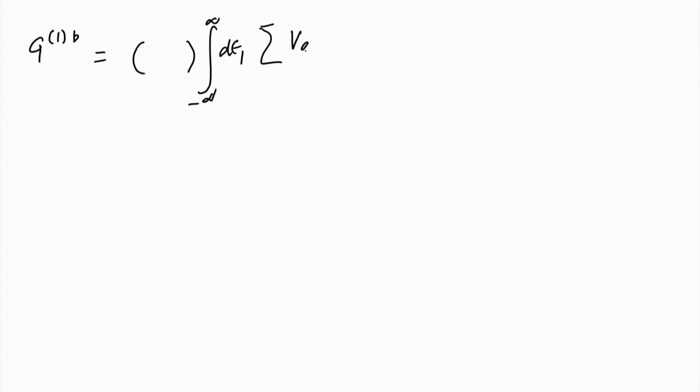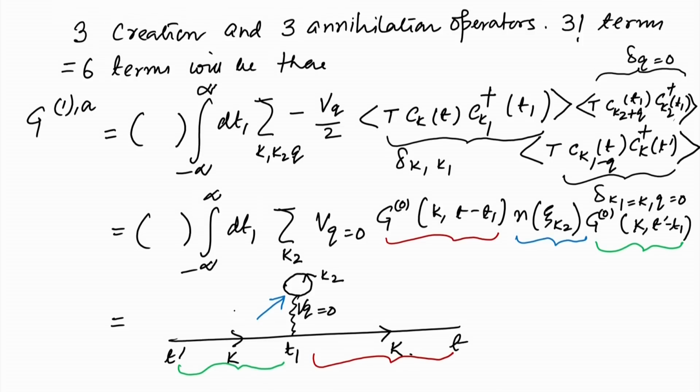Then of course, there is a term, let us call it G1, G1 B, that looks like again minus infinity to plus infinity dt1, and then a sum over, and then we have a V_q by 2. There is a half factor that will come out.